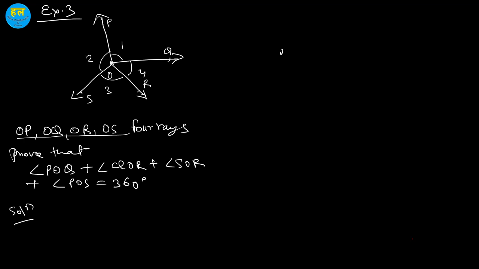What we'll do, we'll again make this diagram and we will assume one straight line from Q. You can make it from anywhere, but because Q is horizontal, we are making it from Q. So we are assuming that this ray is extended backwards and we name it T. So TOQ becomes a straight line.